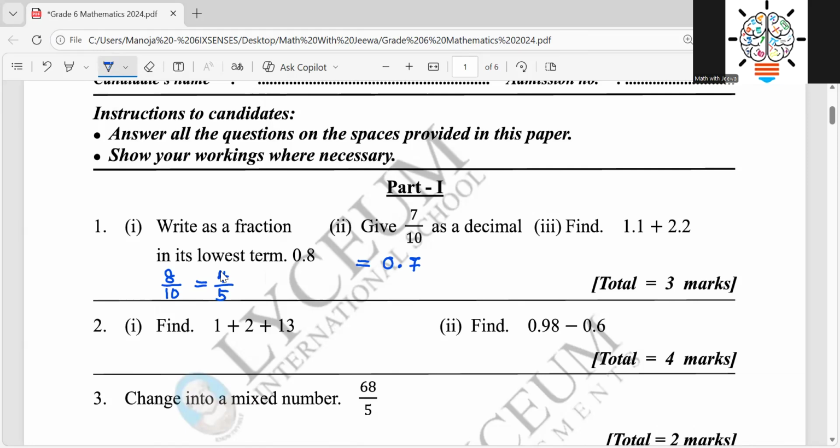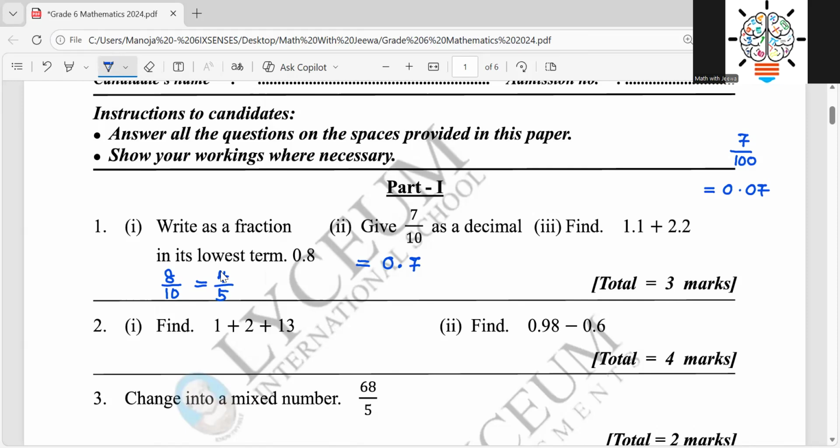By any chance, children, if you have 7/100, then you write this as 0.07, because the 7 should be in the 100th place. For that, I write 2 decimal places. But here, for 7/10, the 7 should be in the 10th place. Therefore, I should keep only 1 decimal place.